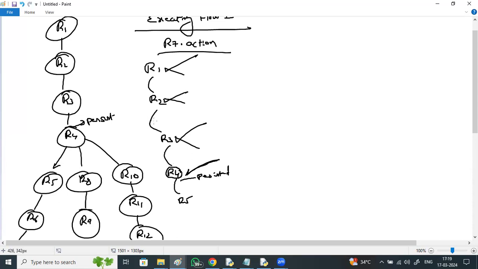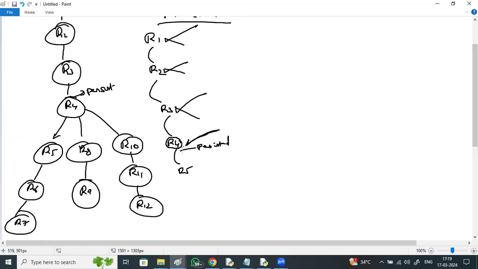After R1, R2, R3, R4 is loaded into the RAM, computed, and persisted. A particular RTD gets persisted only when it is first loaded into the RAM.